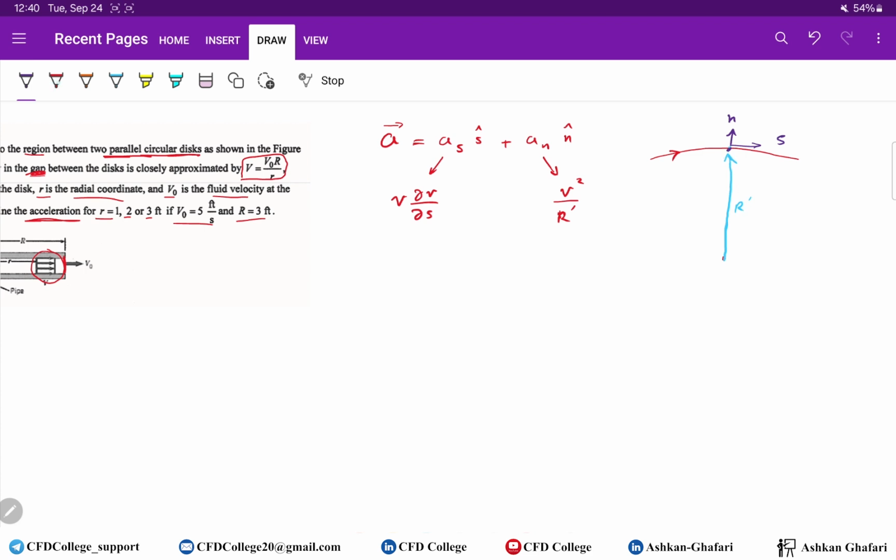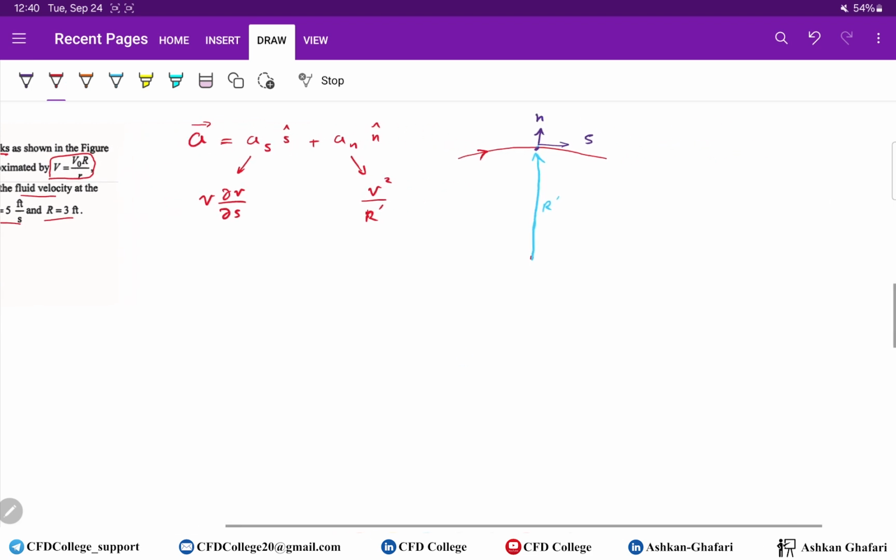So if you had, imagine this is straight, okay, if you had a straight streamline, for this streamline, this r prime is infinite.